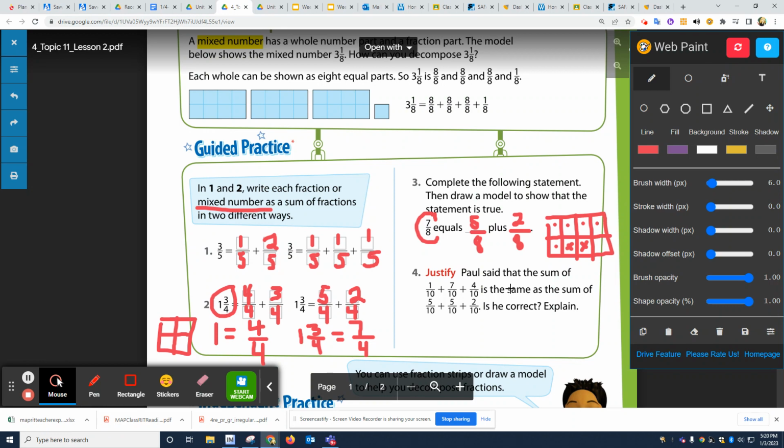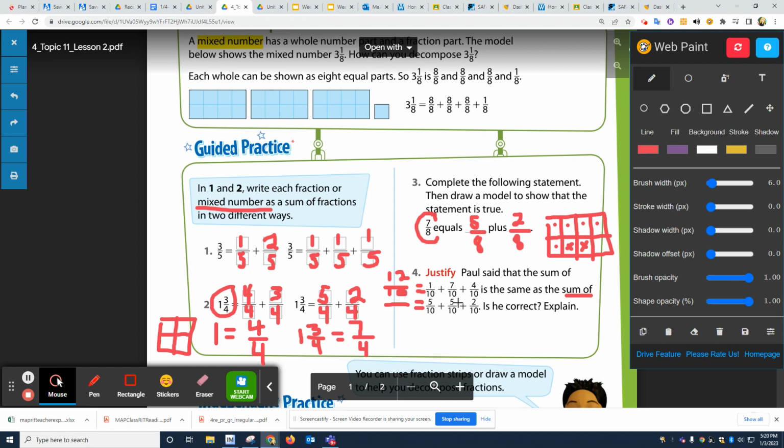Justify. Paul said that the sum of 1/10 plus 7/10 plus 4/10 is the same sum as this. Well, my first thing would be I would find what the sum equals. And if they're the same, guess what? I've got equal fractions. 1 plus 7 is 8. 8 plus 4 is 12. 12/10.